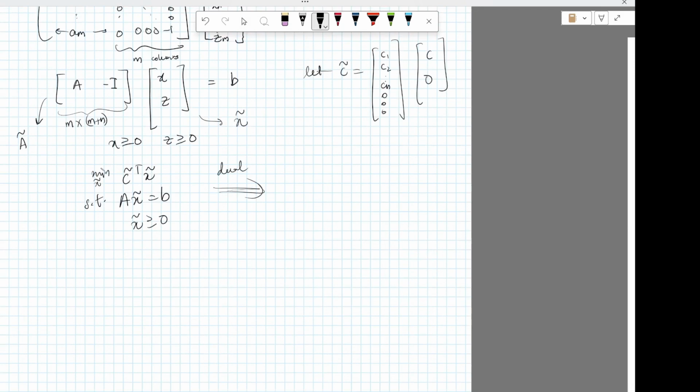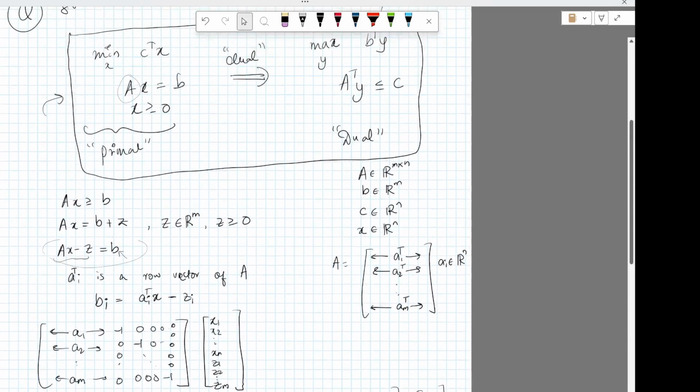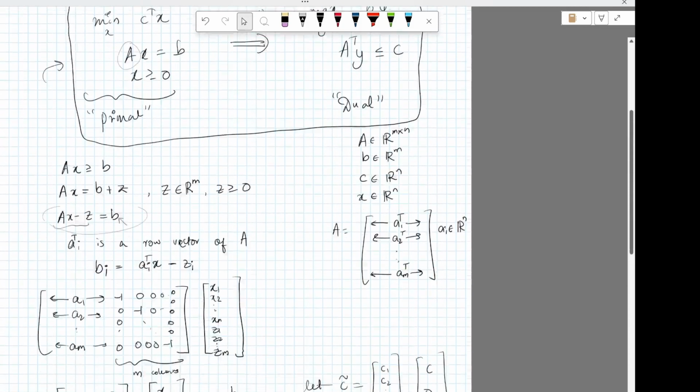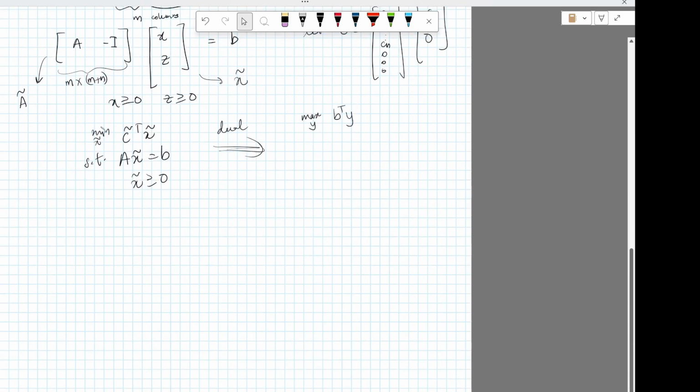Dual is maximize b transpose y over y such that A transpose y is less than or equal to c. So here also it is A tilde. So I'll have A tilde transpose y is less than or equal to c tilde.